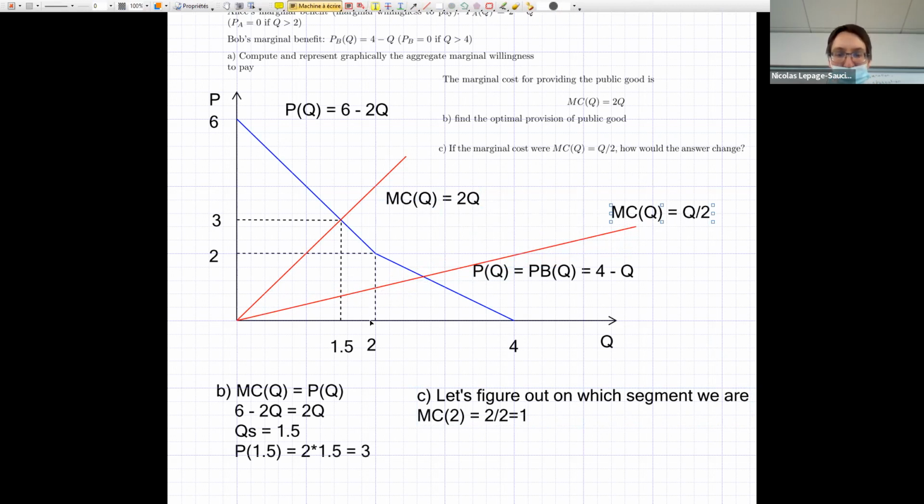And 1 is there, right? At 2, and this is equal to 1. So I can pretty much know that I won't be on that side. I will be on that side because the intersection will be with the second one there.